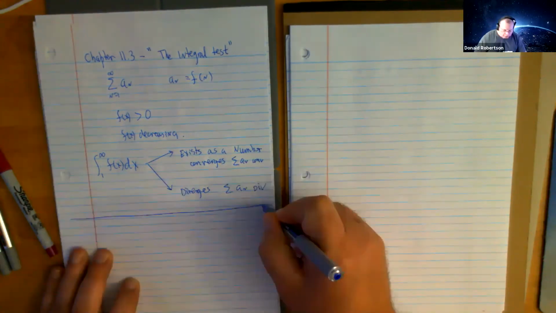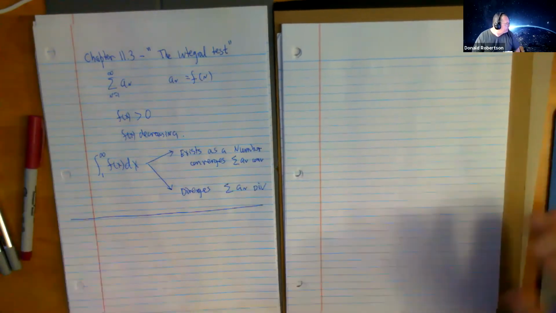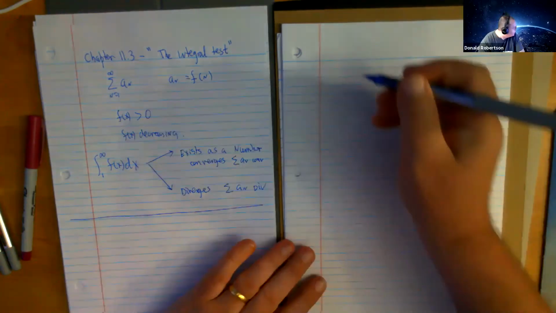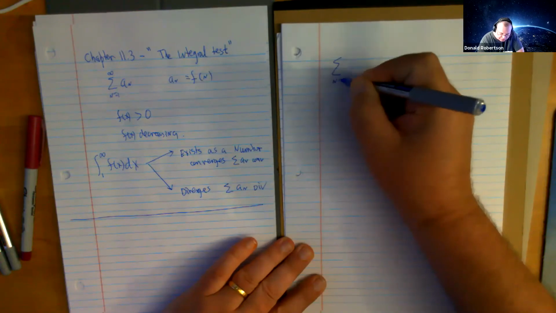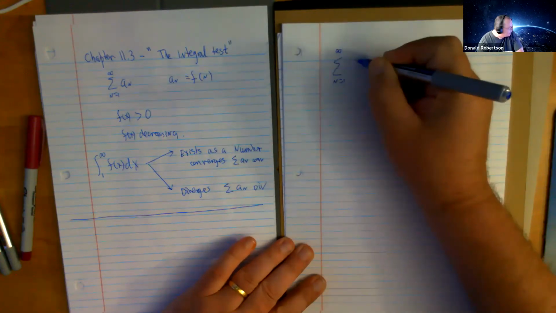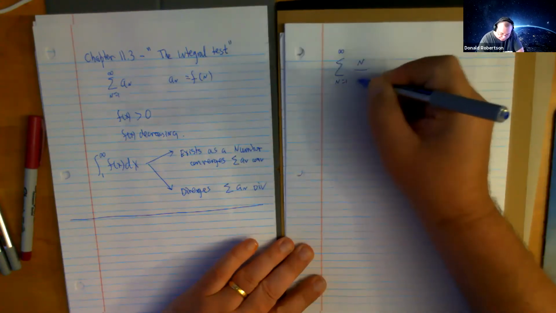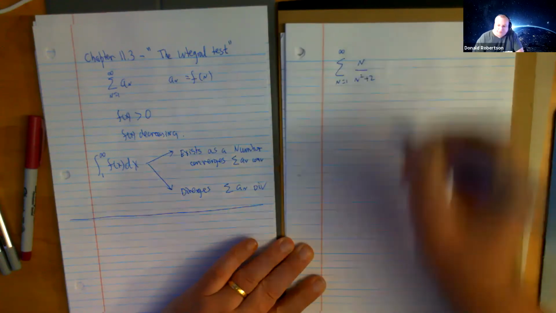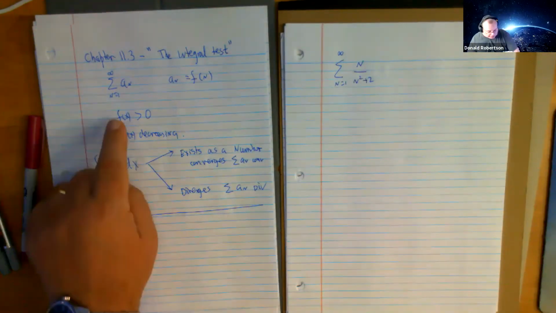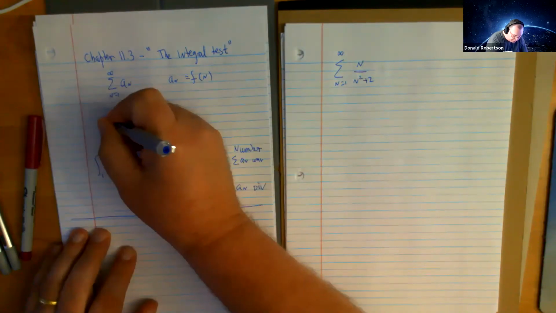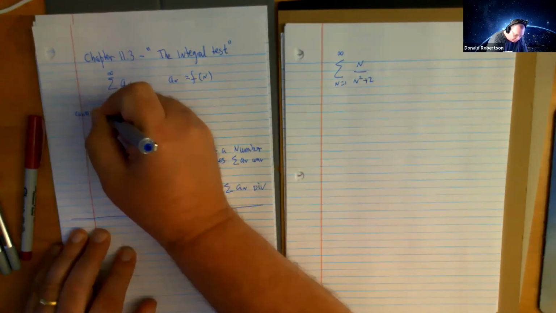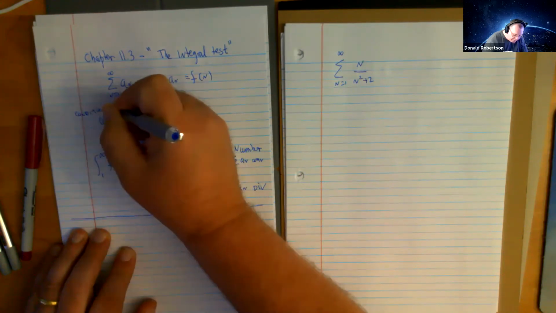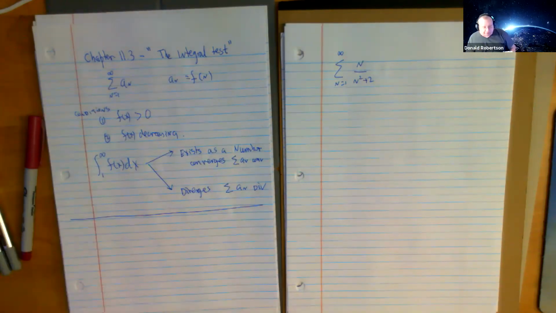So I guess what we really want to do is a couple of practice questions just to get into the swing of things. So this one is similar to, just looking at the question here. Let's have a look at this one. There's that one. The conditions, which are these two, number 1 and 2, have to be met before you're allowed to do the integral test.